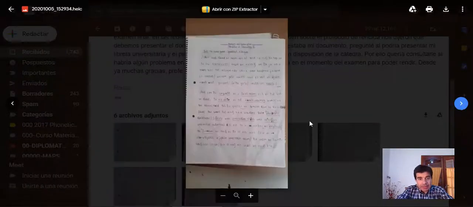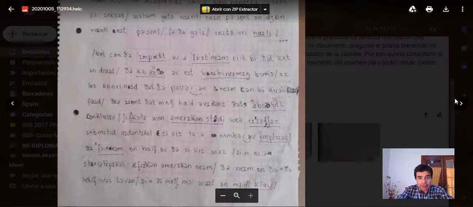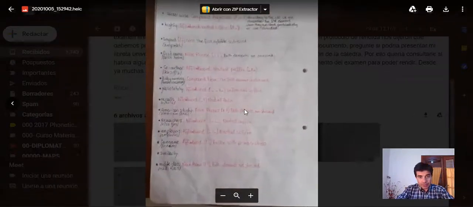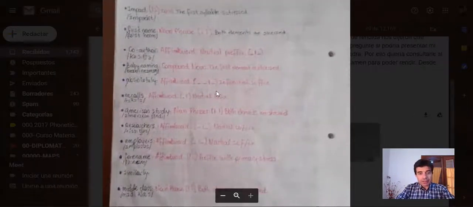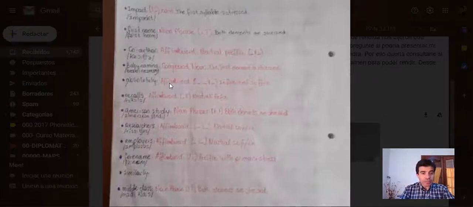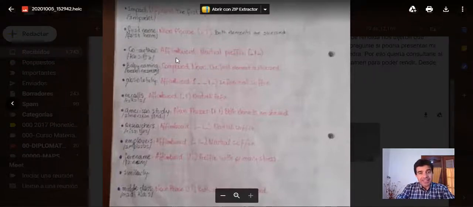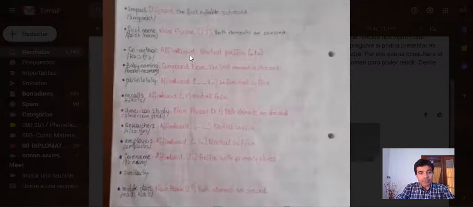What else? Well, you have also here some other transcription, and you see there you're starting to mix the position of everything. I'm asking you this to be more orderly, and when you are more organized, you spend less time doing other things. So that's why you have word transcription, stress pattern, and then the rule. But for example, take a look at this: affix word, neutral prefix.